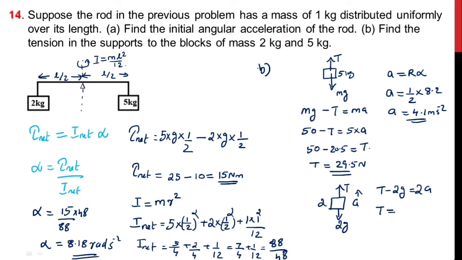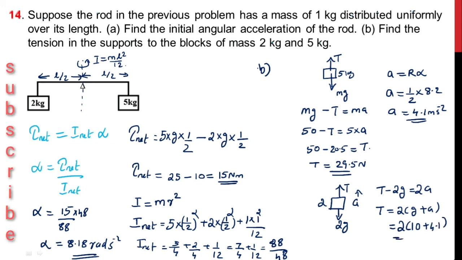Therefore T is equal to 2 into g plus a, that is 2 into 10 plus 4.1, which is 14.1, equal to approximately 28.2 Newton. I hope you understood this one. Thank you.